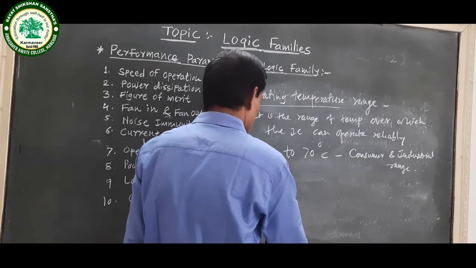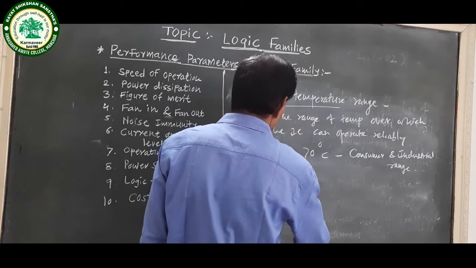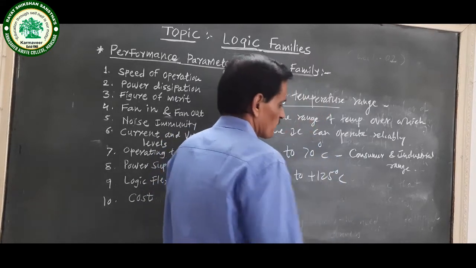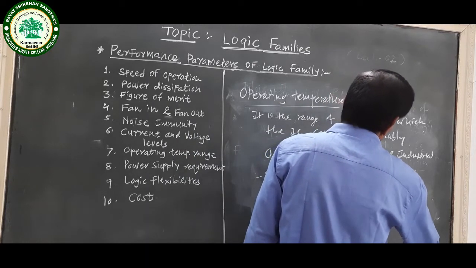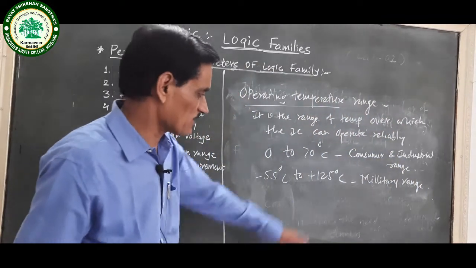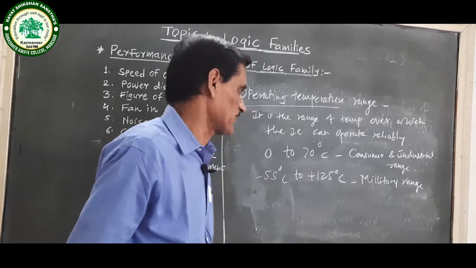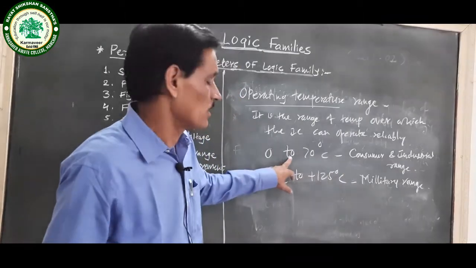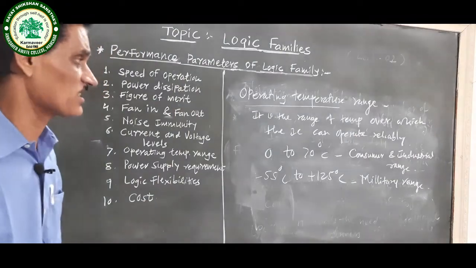There is another range, minus 55 degrees Celsius to plus 125 degrees Celsius, known as the military range. This is a wide range. These ICs are used for military applications, whereas in normal applications we are using ICs having a temperature range of 0 to 70 degrees Celsius.